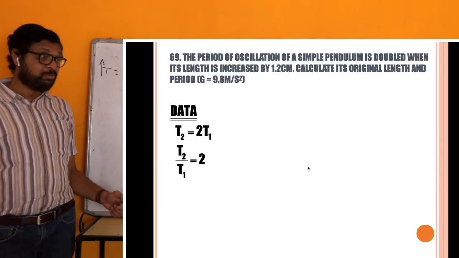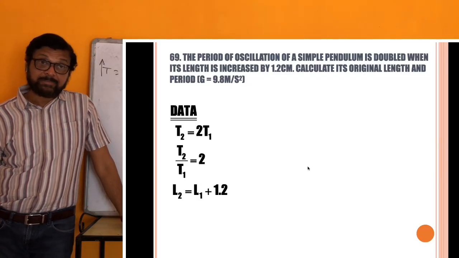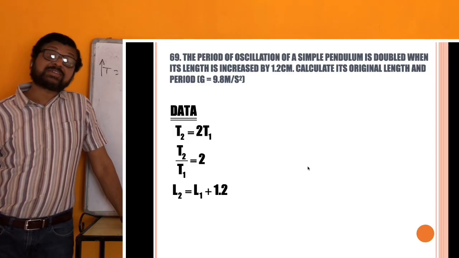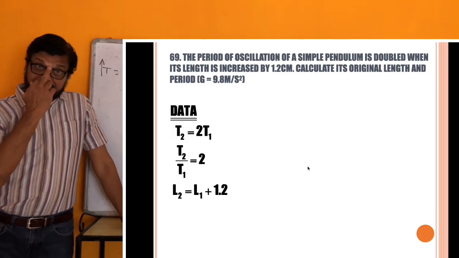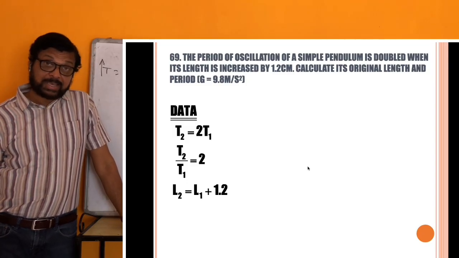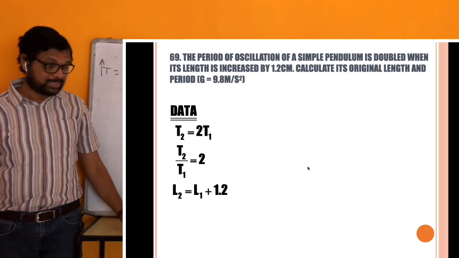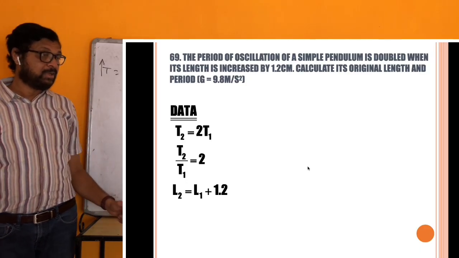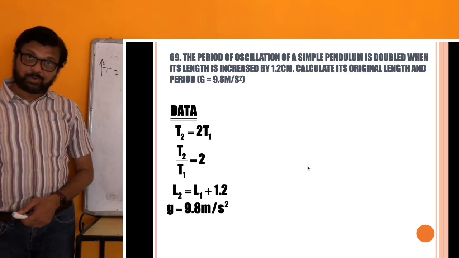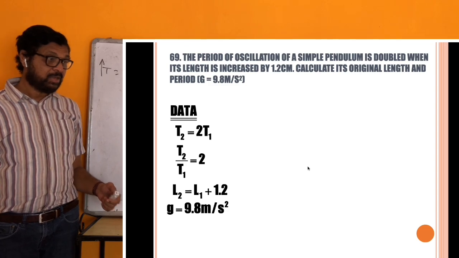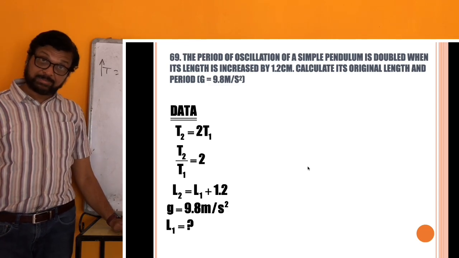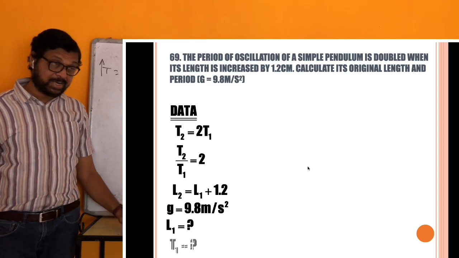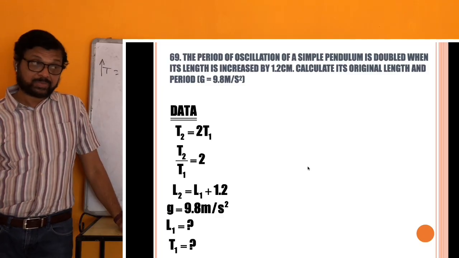That means what is the new length L2? L1 plus 1.2 centimeter. G as usual is 9.8 meter per second square. We have to find original length, that is L1, and original period, that is T1.